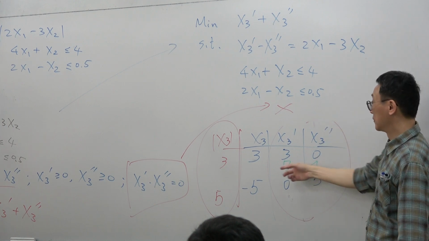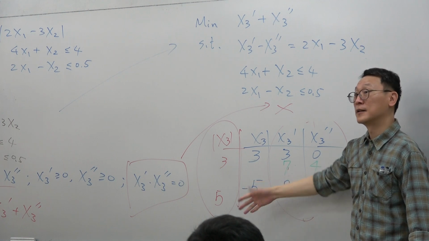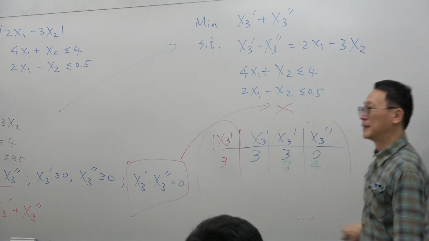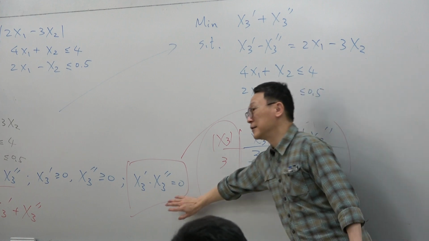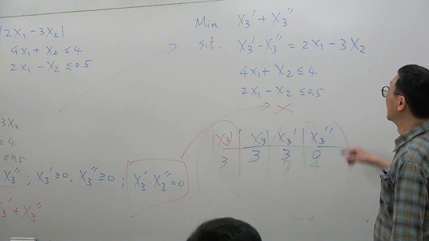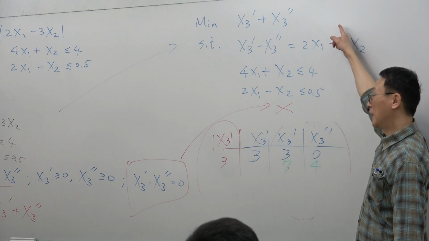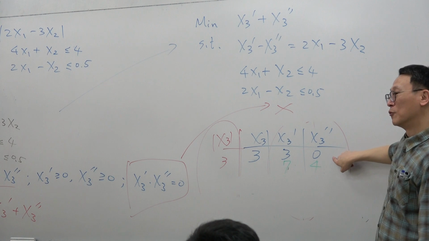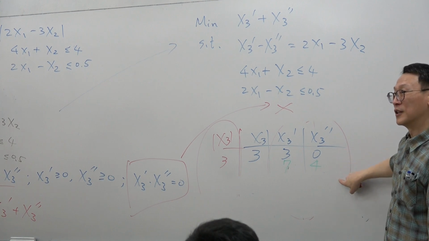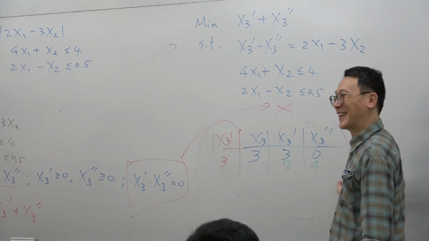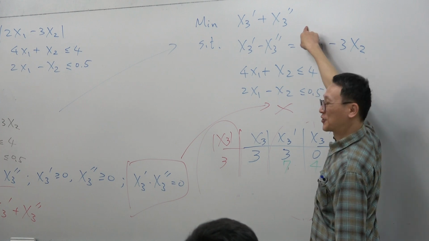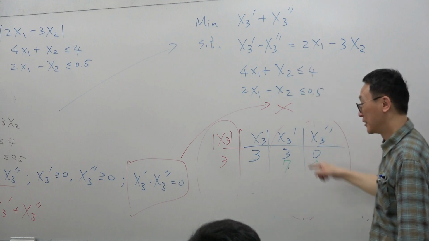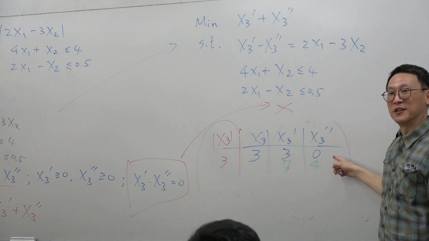If my solution is x3 equals 3, suppose, and without writing these constraints, the objective function value should be here or here. It should be the blue one, because it is minimized. Because I want to minimize x3 prime plus x3 double prime, I will choose the smallest one.